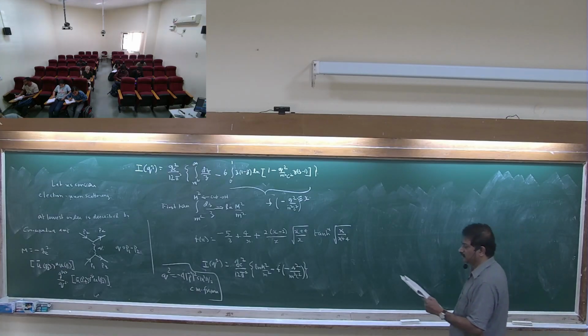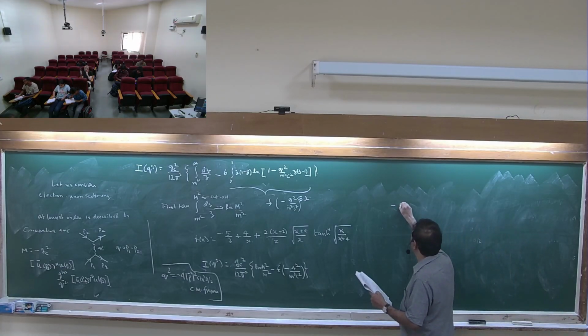So actually what this amounts to doing is to take minus ge squared in the matrix element.